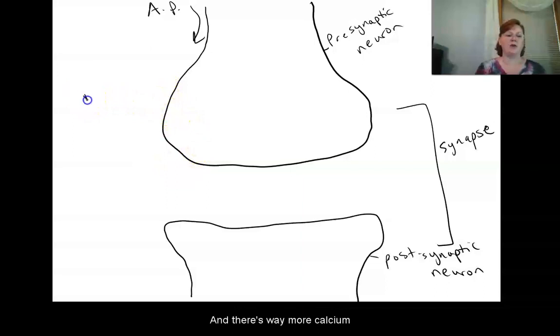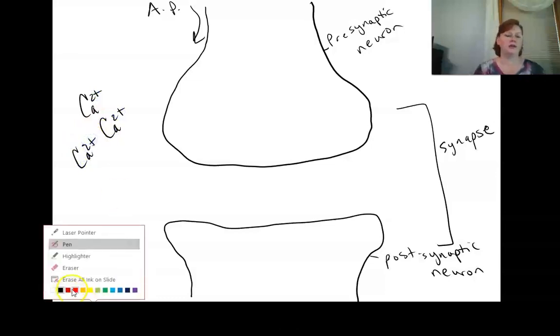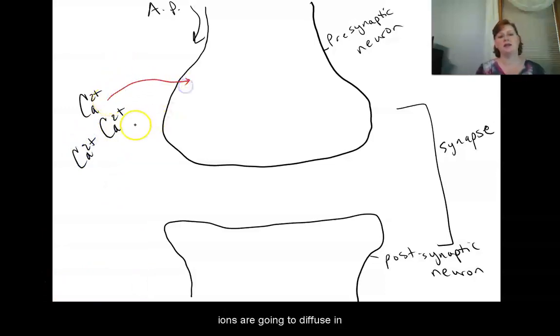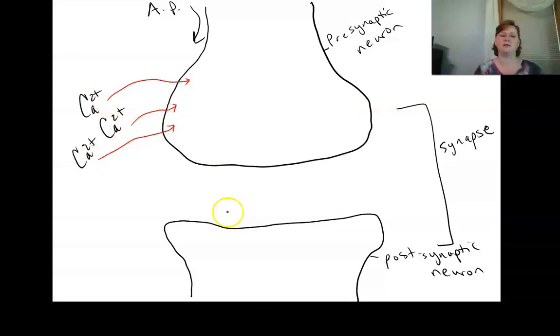And there's way more calcium ions outside the cell than inside. So when the synaptic knob gets depolarized, those calcium ions are going to diffuse in through calcium channels that open up when they get depolarized.